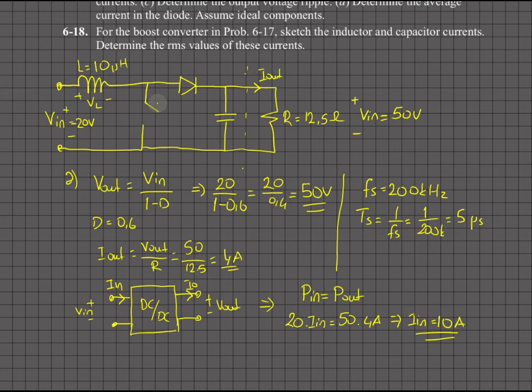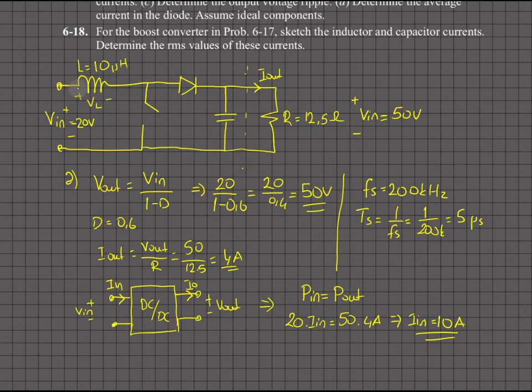Again, in a practical boost converter, there will be some losses in those components, but even in practical boost converters, the efficiencies are well above 90%, 95%. So the losses are still minimal. Anyway, the question is how does it work?